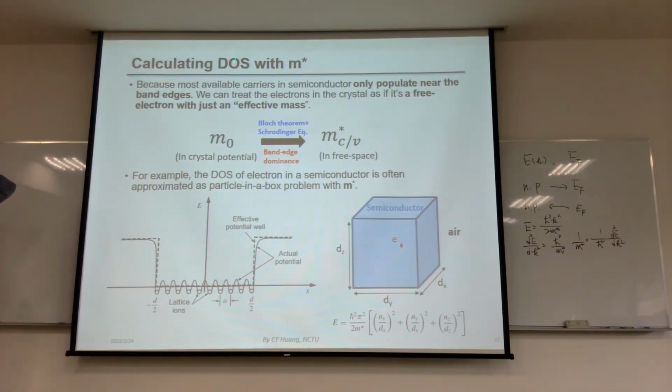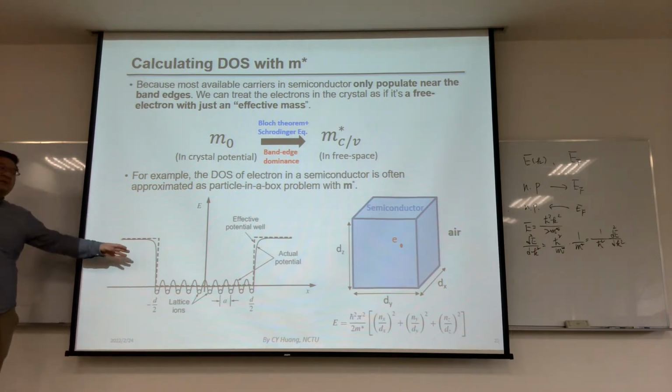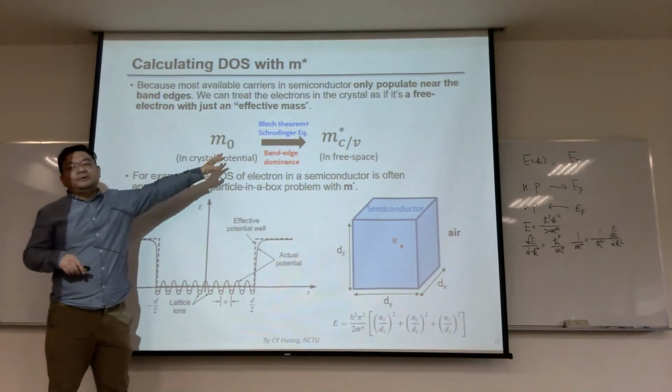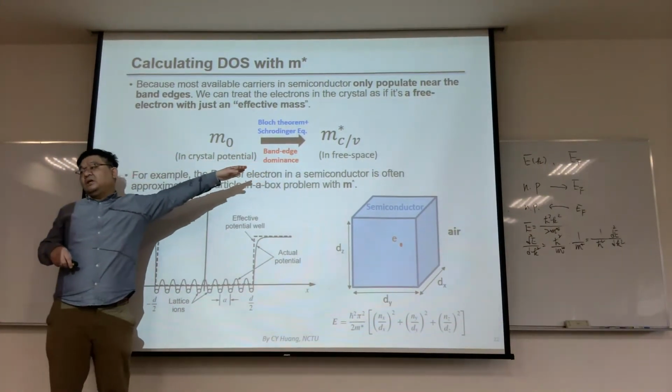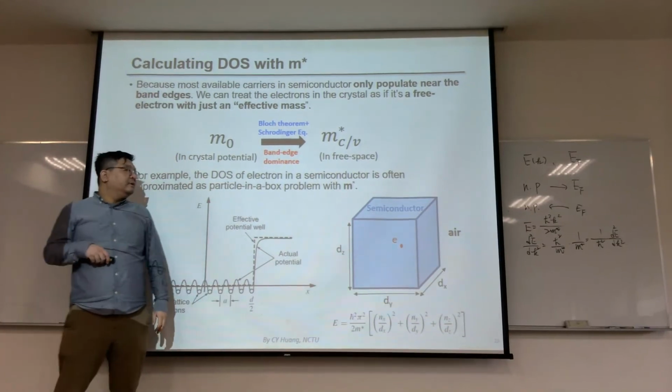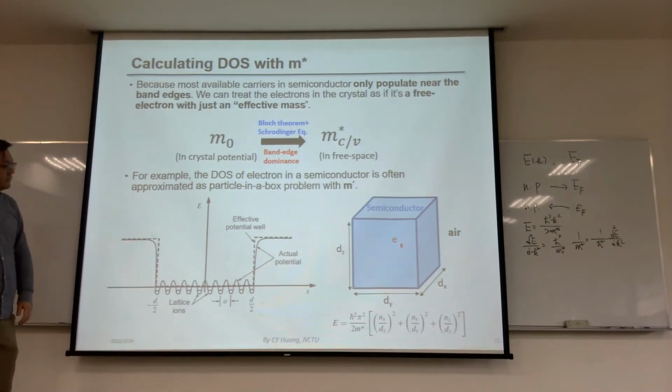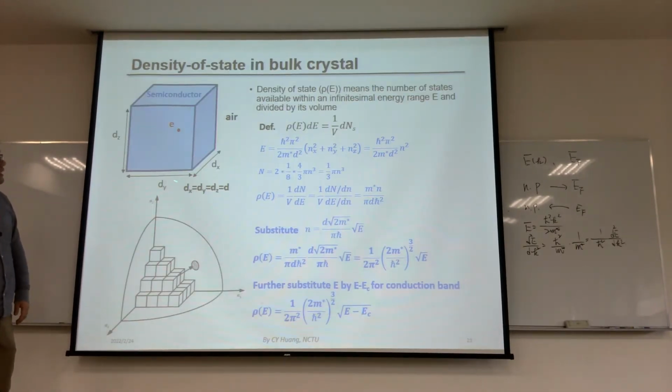So in order to calculate the density of states with effective mass, it is a really simple procedure. You just assume what happens with free electrons and change the mass from m0 to your effective mass, whether it is for NC or NV. Then the same rule will apply. For example, for a particle in a box, you can refer to your quantum mechanics or modern physics textbook.